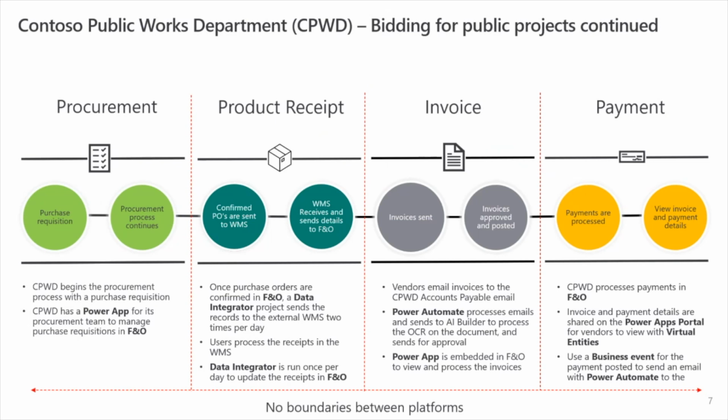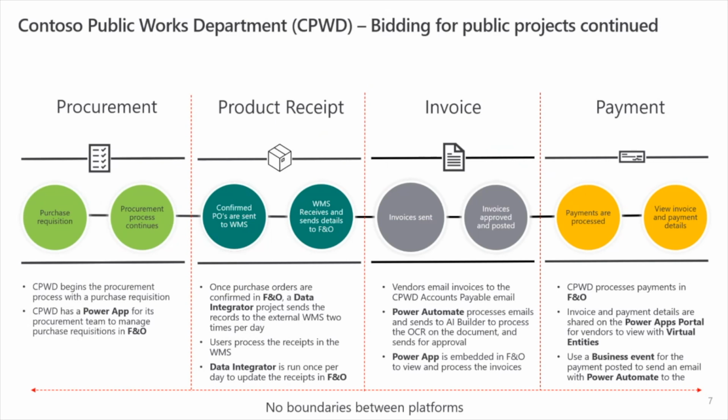Once those purchase orders are received, we start getting invoices in from our vendors. For my example, I'm using a Power Automate flow that is triggered by emails being received at a specific email address and sends those through to a SharePoint library.